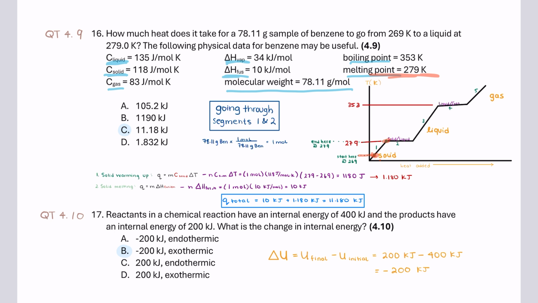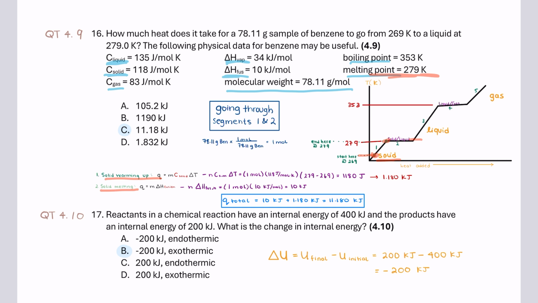That means we begin with solid benzene and then we end with liquid benzene right at the melting point. So we're going through 2 segments of the heating curve. We're warming the solid from 269 to 279 Kelvin, and then we're melting the solid at 279 Kelvin. Let's calculate the heat required for each step.